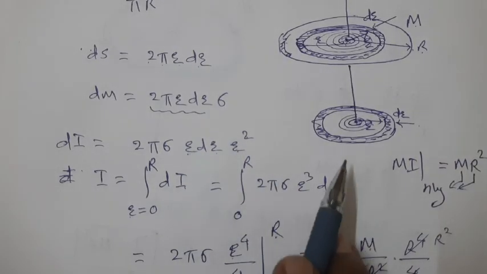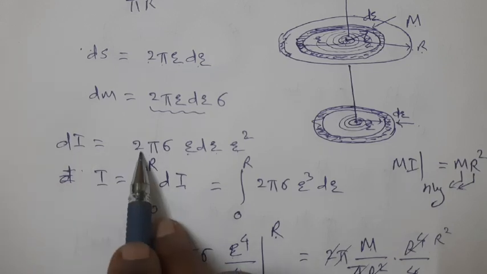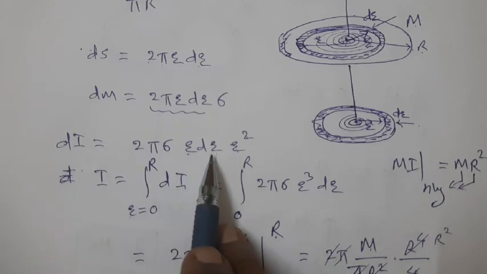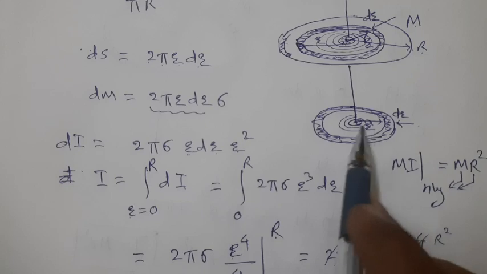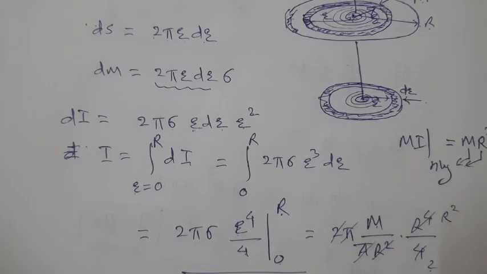Hence the moment of inertia of one such ring of radius r is dI equal to 2 pi sigma r dr into r square, because the expression for the moment of inertia of a ring is mr square, where m is the mass of that ring and r is the radius.